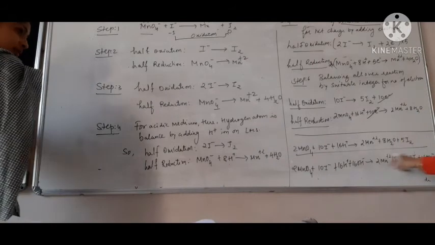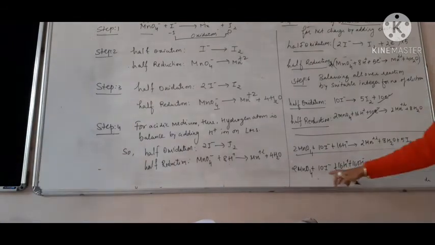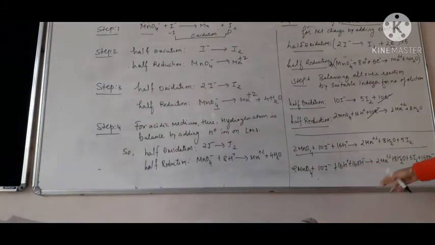So the overall net charge is going to be balanced. You can check the number of hydrogen and oxygen: 16 hydrogen and 16 oxygen we have over here.